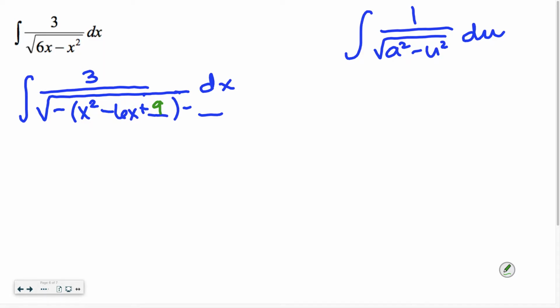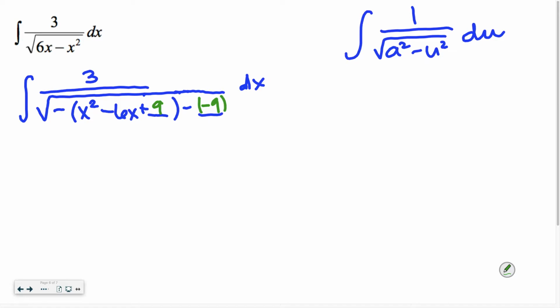Wait a second. Is what we're going to subtract going to be under the radical? Are we subtracting 9? We're subtracting negative 9 because this 9 is being multiplied by this negative here.